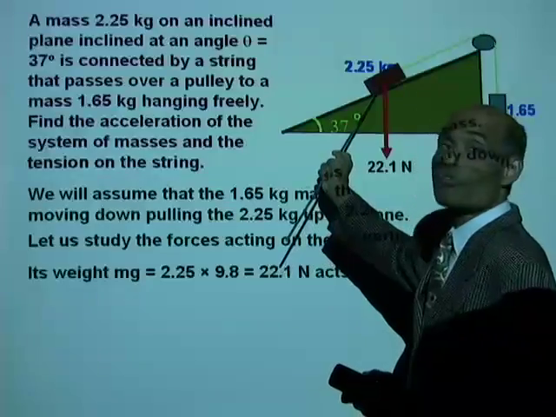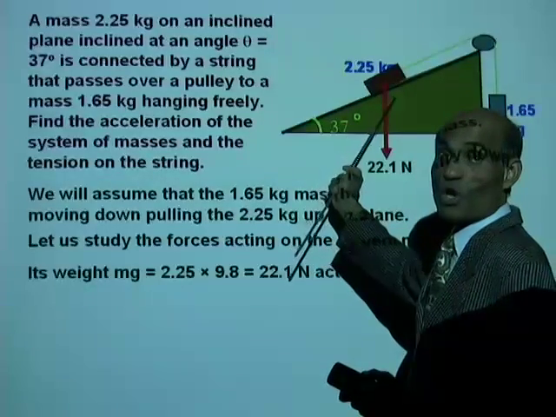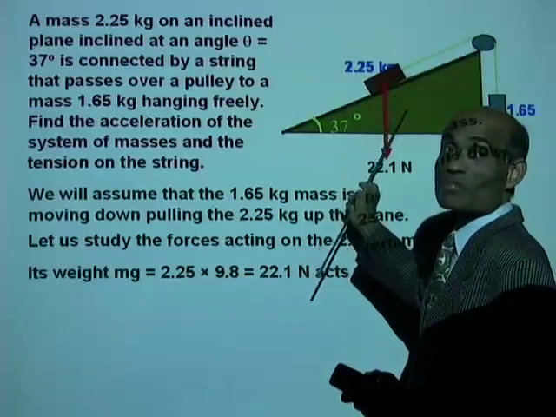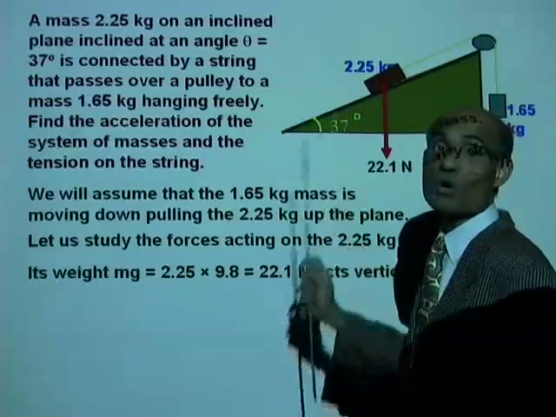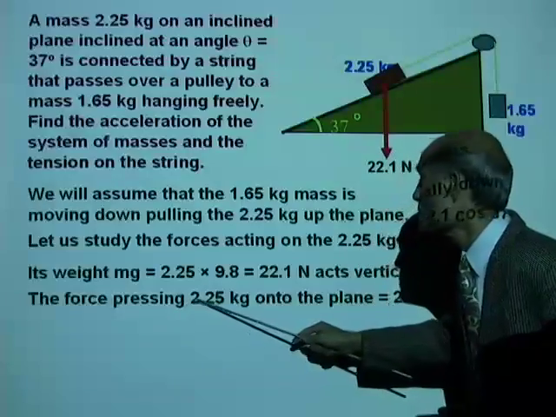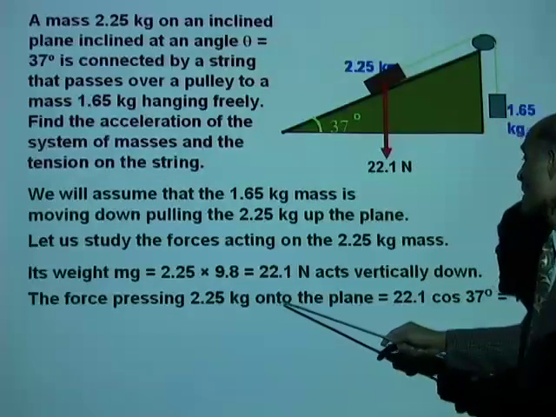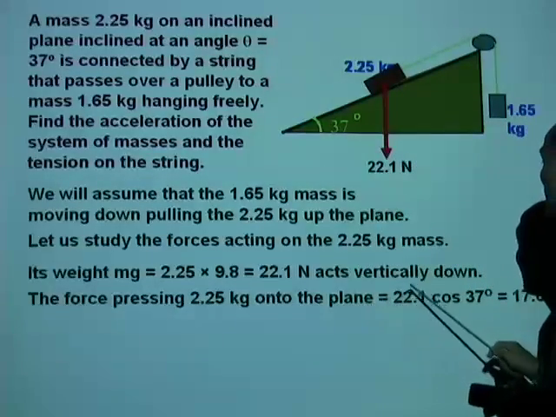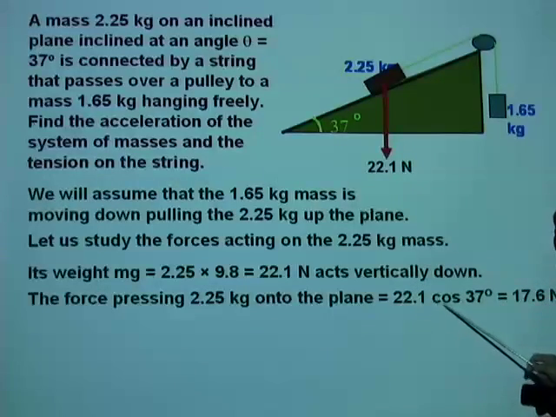And then what is the force pressing the box onto the plane? That will be 22.1 cos 37. The force pressing the 2.25 kilogram onto the plane is 22.1 cos 37.